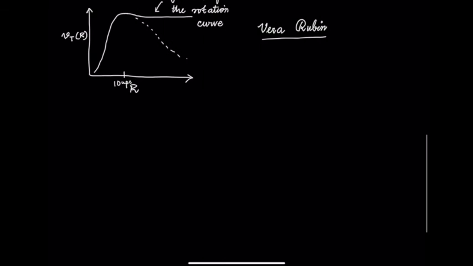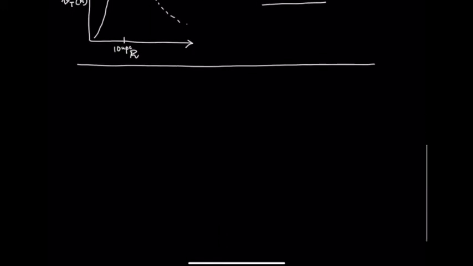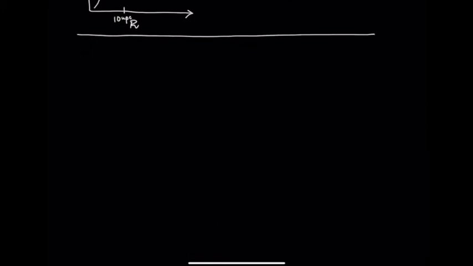Now let us discuss a model of rotation in almost circular orbit. We have looked at the effective potential in one of the earlier lectures.